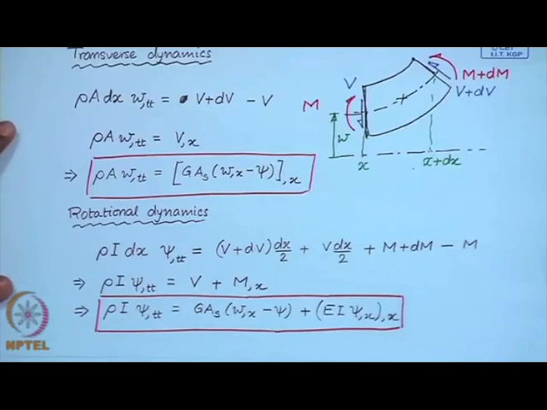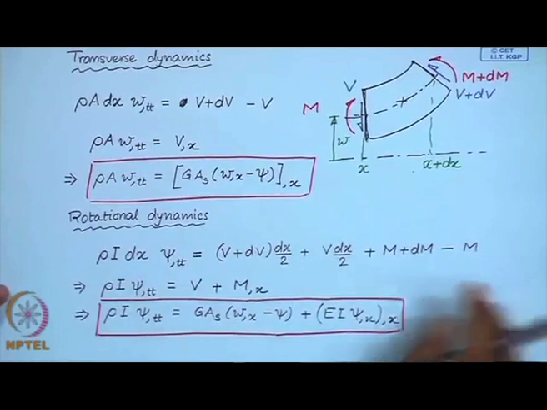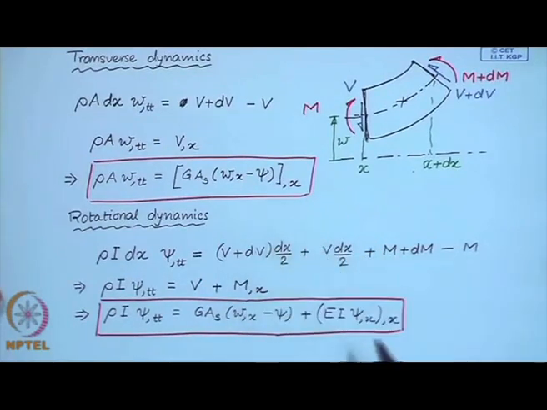So, these two equations, now you see we have two field variables w and psi. So, we need two equations of motion. So, these are the two equations of motion in w and psi. Now, they are coupled partial differential equations.